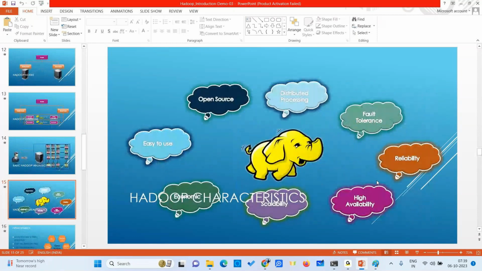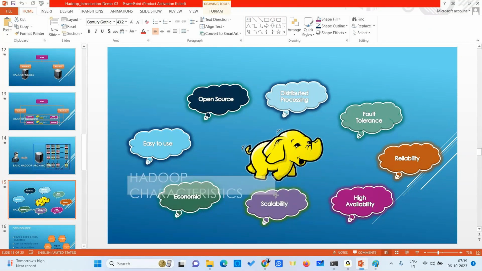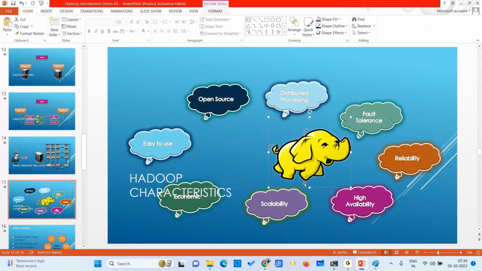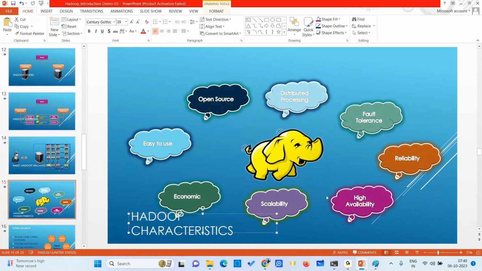These are the different characteristics of the Hadoop file system. It is an open source platform with distributed processing, and it provides fault tolerance, meaning if any one node fails, another node automatically provides the data or output.